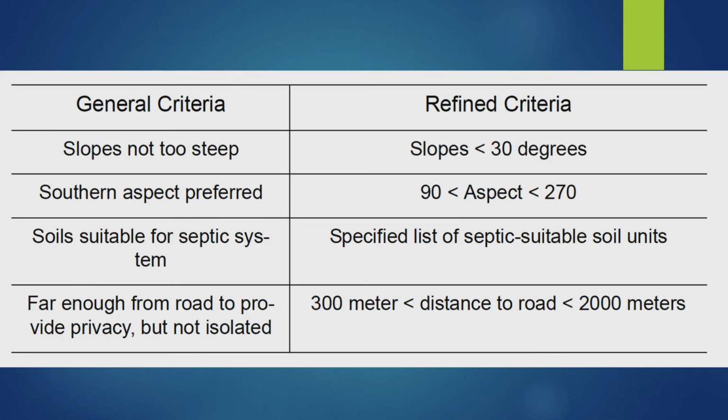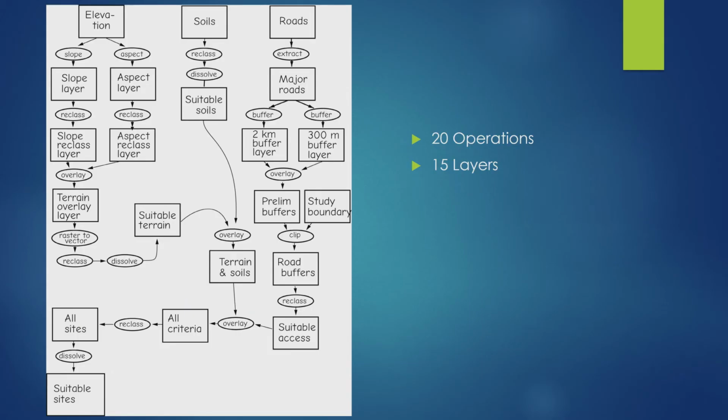If I had 4 different categories for each of them, then I could use the rank order thing before, and I could come up with areas in my final product that were great, that were acceptable, that were okay, or that were totally unacceptable. You have to define both how you're going to refine the general criteria, and how you're going to combine those layers to determine what's acceptable. That's pretty much the point of what we're trying to get at here.